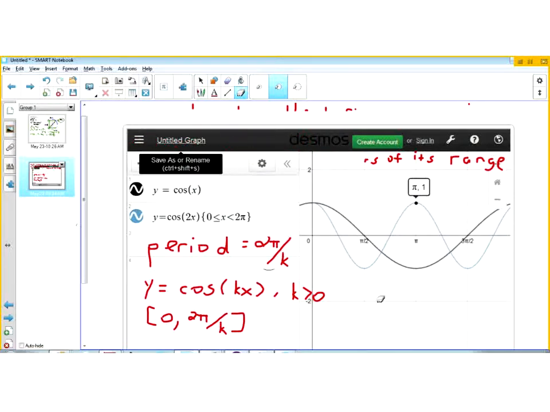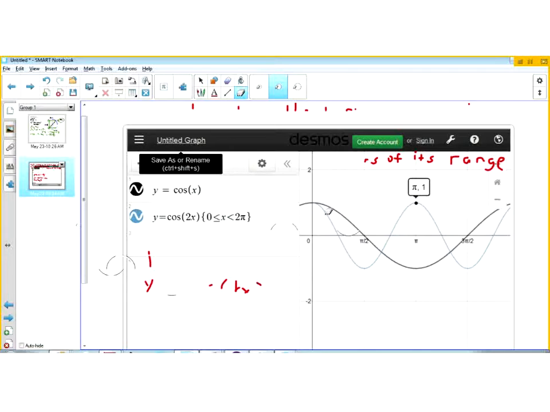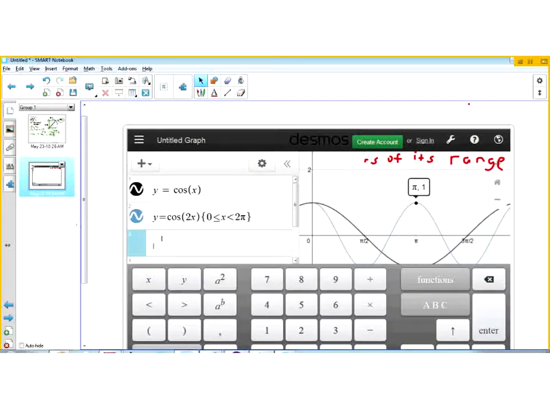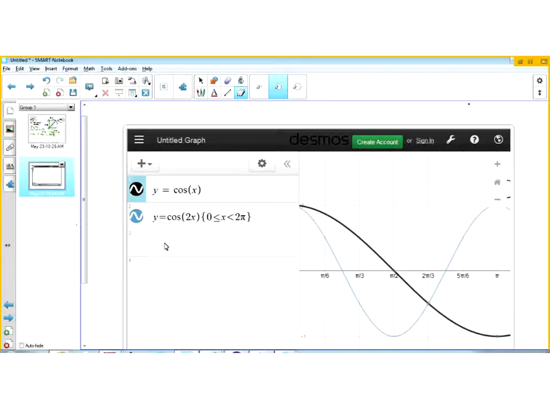All right, so next curve, I can do a horizontal stretch. We can contrast the 3 modes here. So how about y is equal to cosine 0.5x?